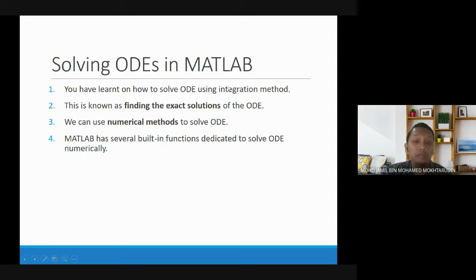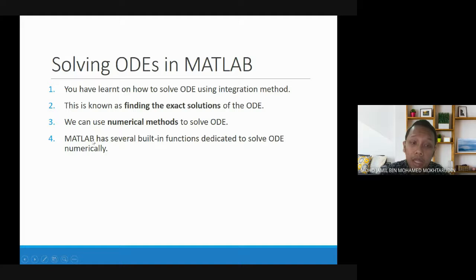Solving ODE by integration finds the exact solution, the solution of the equation in its exact form. But if you use Matlab or numerical methods, you are not finding the exact solution, but an approximate solution, which is approximately correct to the actual one.